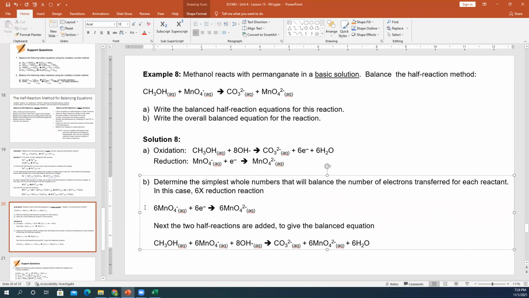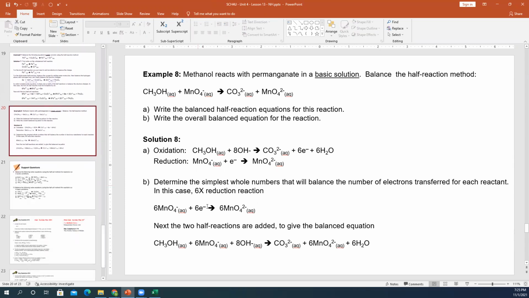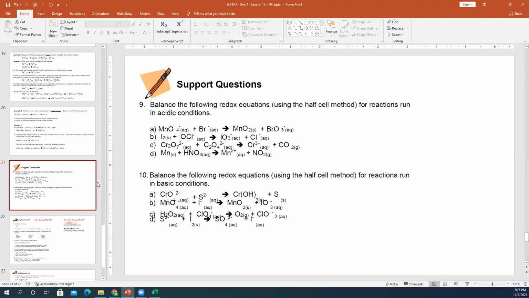And now if we add these two half reactions, the oxidation and the reduction one, then we get this as our final balanced equation, because our 6 electrons will cancel each other out, right? And you'll end up with this overall balanced equation. So I really encourage you to try and see if you can follow these steps and arrive here. And then, of course, the support questions are really important to practice with.